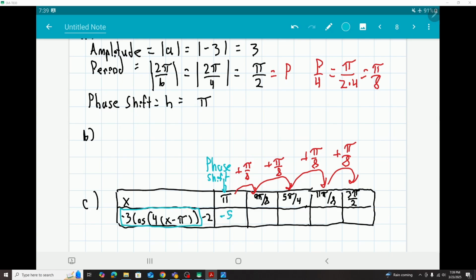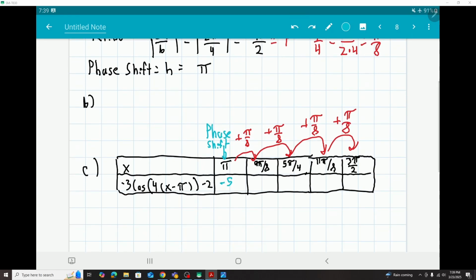And then the minus 2 at the end drags it down by another 2. We put in 9 pi over 8. When you plug that in here, you're going to get pi over 8 times 4 is pi over 2. Cosine of pi over 2 is 0. Times minus 3 is still 0. So then we get minus 2.